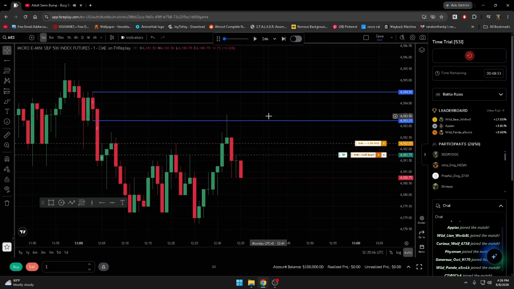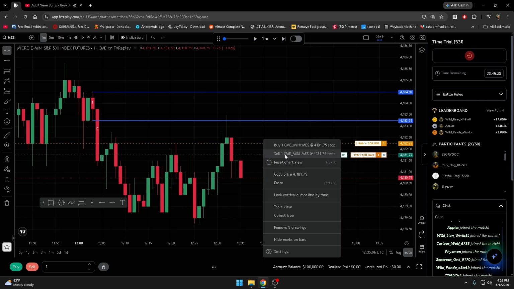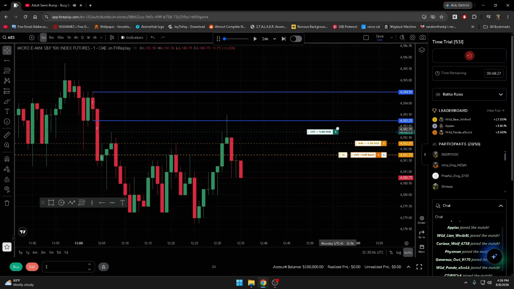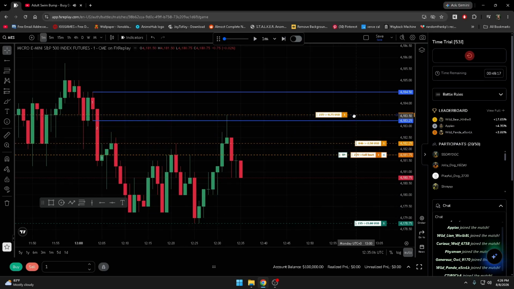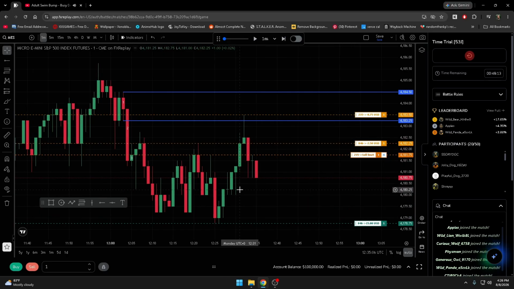But I'll do 2 of them actually, just so y'all can see the difference. I'm going to put my take profit at the end of this range right here, and my stop loss right there for the second one. 15 for both of them, right? Like that right there. Press play.